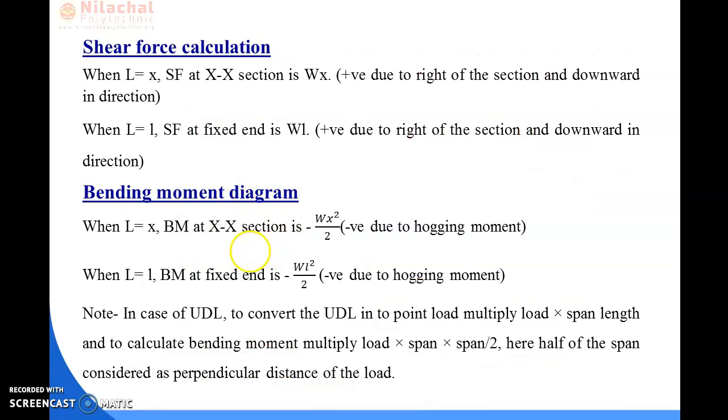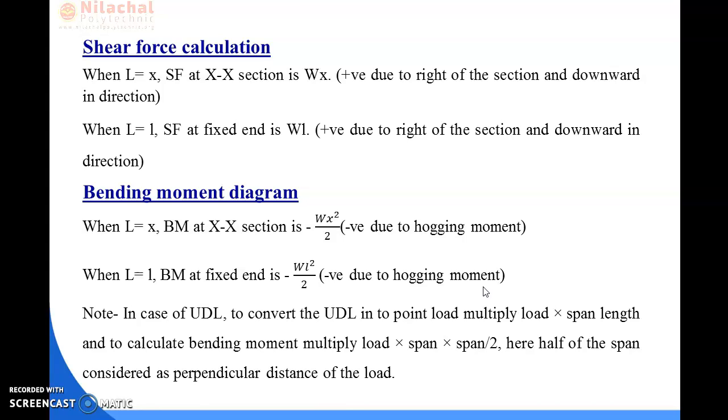Here we put the negative sign and the value is W into L by 2. As a whole, it will give minus WL square by 2. And the minus sign denotes the hogging moment of the loading system over the cantilever beam.